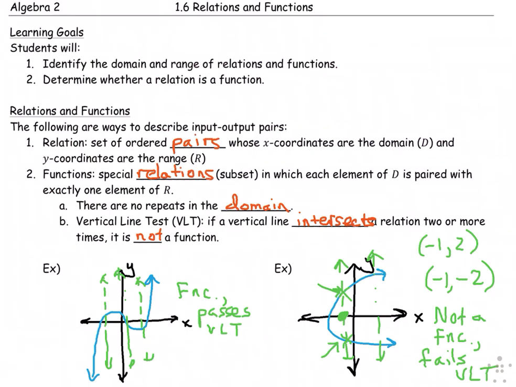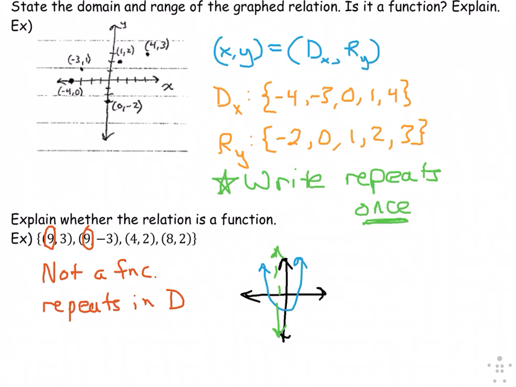In review, relations on a graph are functions if they pass the vertical line test, because that will ensure that there are no 2 outputs for any given input. When given a relation in roster notation, whenever you have repeats in the domain, that is not a function.